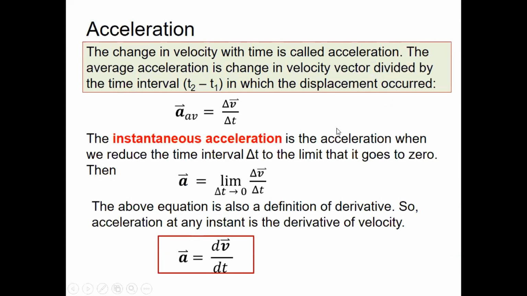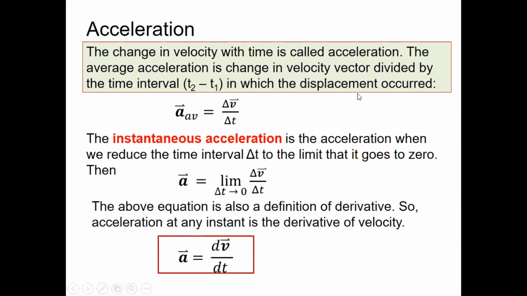We come to define another important quantity in physics, which is acceleration. Acceleration is defined as the change in the velocity with time. First we define the average acceleration, which is the change in the velocity vector divided by the time interval in which this change in vector takes place.